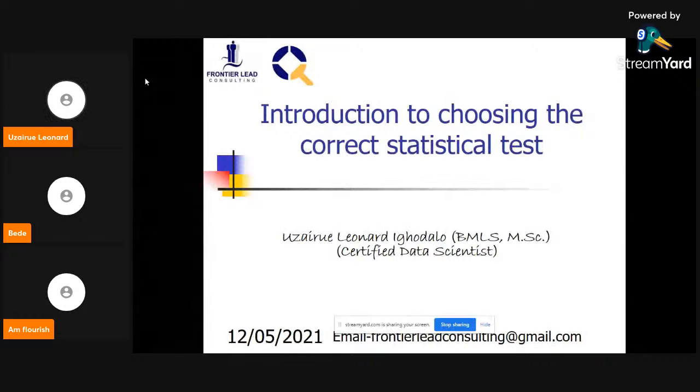When we talk about statistical test, we must know that for you to have a quality outcome, you must be able to choose the right statistical test. Statistical tests are the different kinds of tests that you use to check the kind of relationship that exists between two groups.